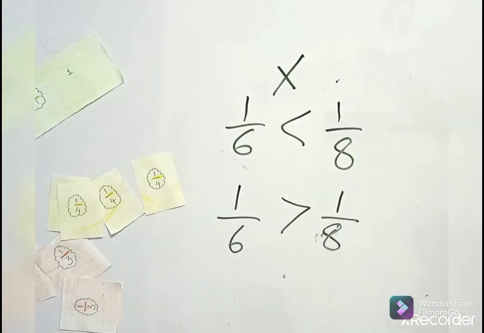You can check this: put the 1/8 strip and the 1/6 strip and compare if you still do not understand. Make practice of these, and again I am telling you, put them in your envelope and do sums. I hope you will understand fractions more clearly. Thank you.